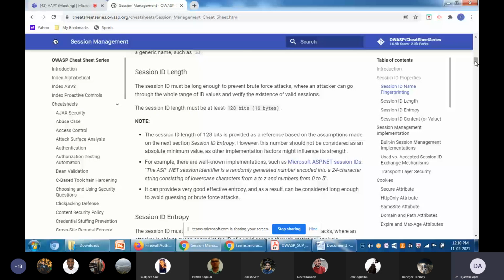So if the same user logs in two times from different systems, two sessions are going to be there. If the user logs in three times, three different sessions are going to be there. Every time the user tries to connect, a different session is going to start.